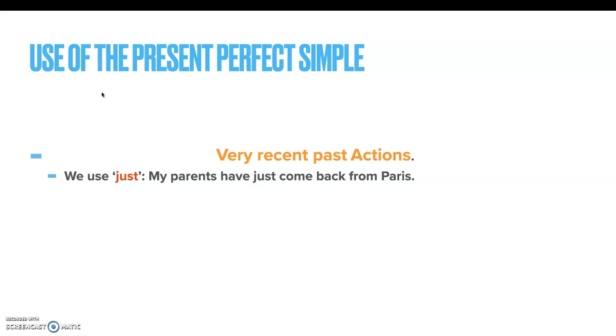Finally, we use the present perfect simple to talk about very recent past actions, as we saw with the example of just. We need the particle just here. For example, my parents have just come back from Paris. Mis padres acaban de volver de París.